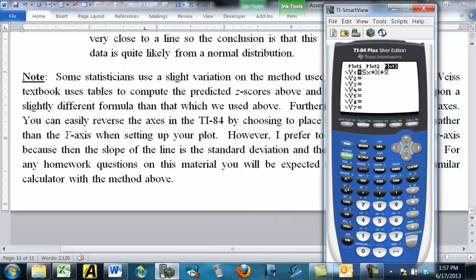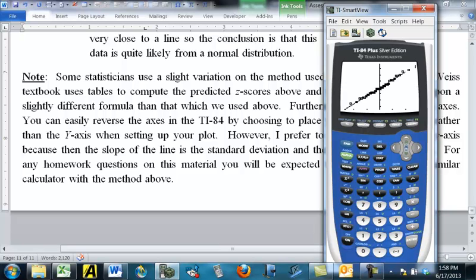Also, when you finish, I'm going to go back here and do a couple things real fast. First of all, I'm going to turn this back around where the axes are like I want them, which is the data on the Y. So now when I graph, it'll be where we want it to be. Zoom standard, zoom stat.